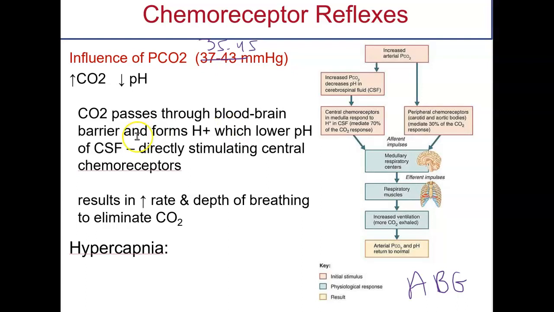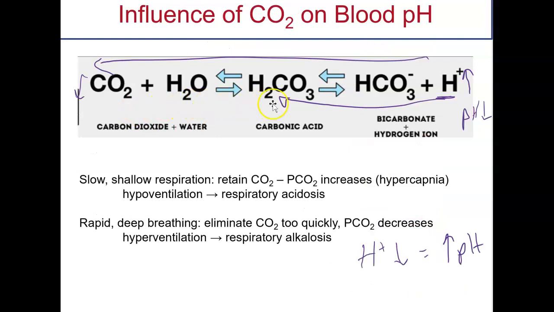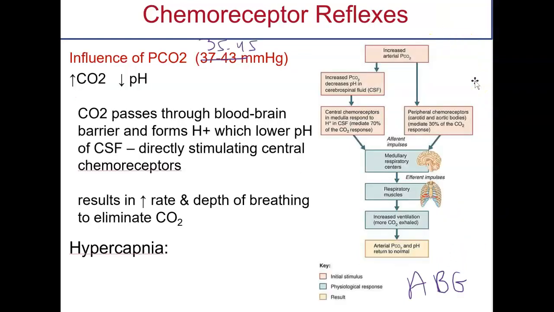And so what happens is when it goes through the blood-brain barrier, it combines with water and forms carbonic acid, and it makes hydrogen ions inside your cerebral spinal fluid. Now, cerebral spinal fluid does not have buffers. It has very little buffers. So just tiny changes in CO2 can really change the hydrogen ion concentration and change the pH pretty quickly. And it directly stimulates those central chemoreceptors around your medulla.